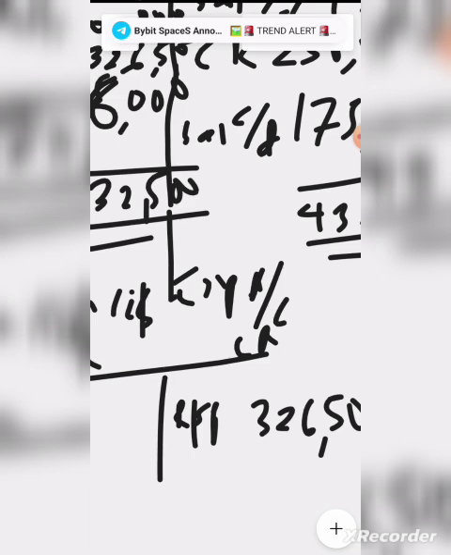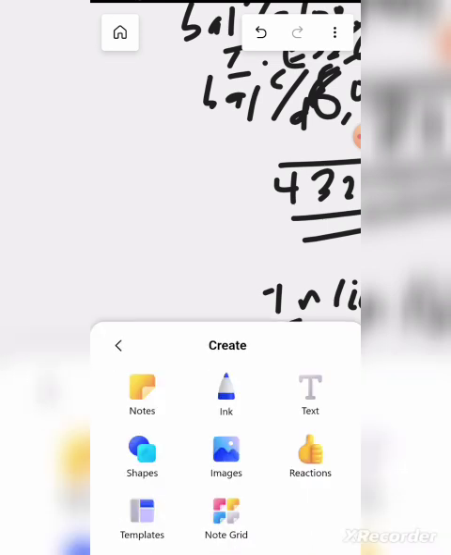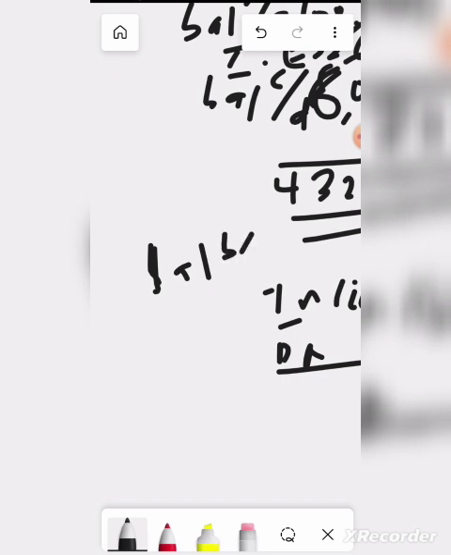So let us post that here. So we now post it here as the balance brought down, 175,000.